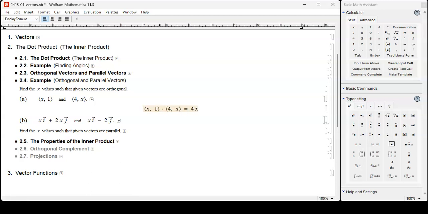So x times 4 and then 1 times x has to be 0. What do you get? You get x equals 0. That doesn't look too good.